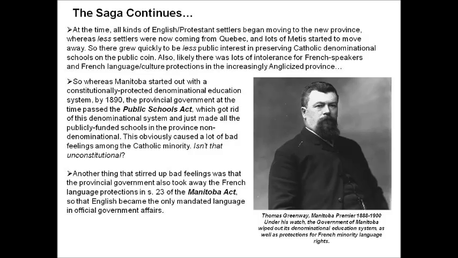Now the saga continues. At the time, things started to change, right? You got this new province, new opportunities, I guess. All kinds of English Protestant settlers began moving to the new province, so the demographics, the population, starts changing, whereas fewer settlers were now coming from Quebec.